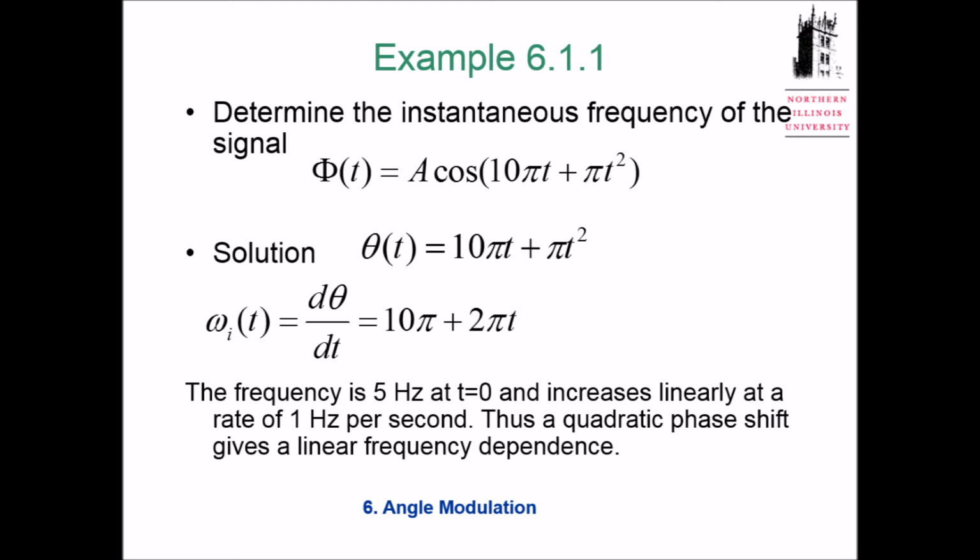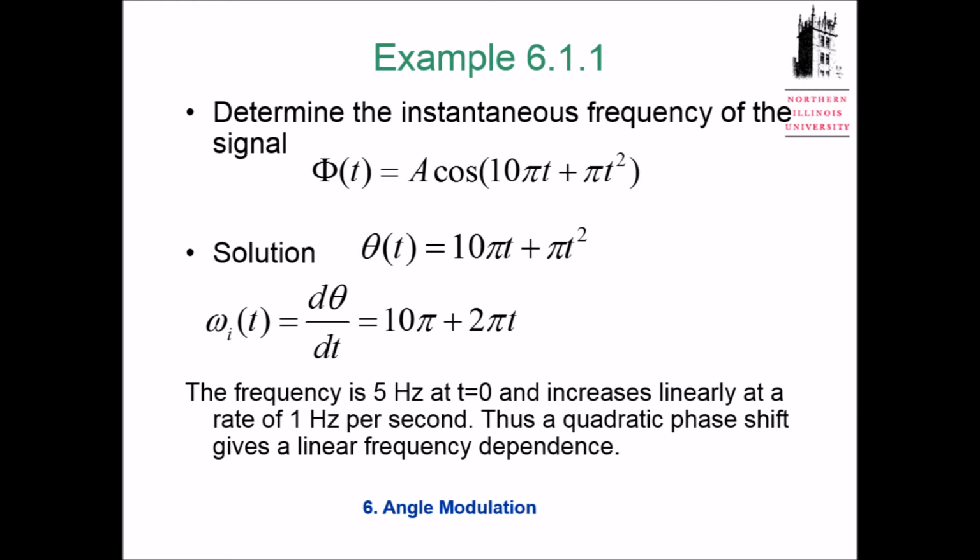When t is 0, my frequency is 10 pi, which means 5 Hz. The frequency is 5 Hz at t equals 0 and increases linearly at the rate of 1 Hz per second, so 2 pi radians per second.